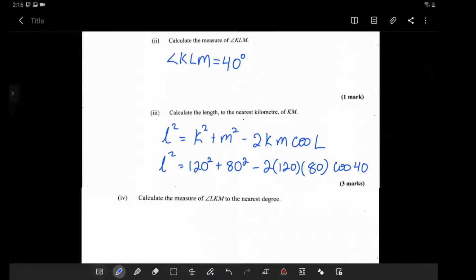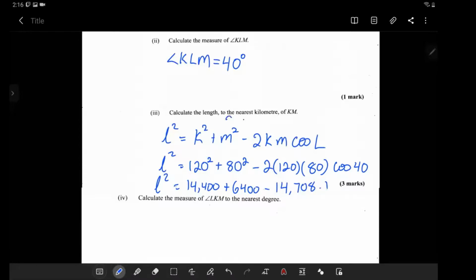Now you can go ahead and simplify this further, but allow me to simplify it. So l squared is equal to 120 squared, that is 14,400, plus 80 squared, which is 6,400, minus 2 by 120 by 80 times cosine of 40, which is equal to 14,708.1.